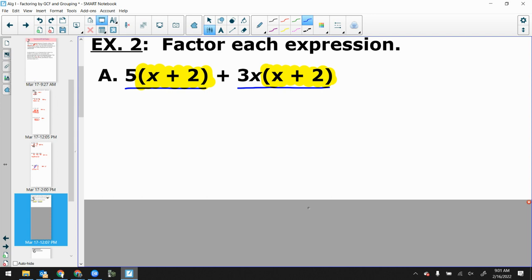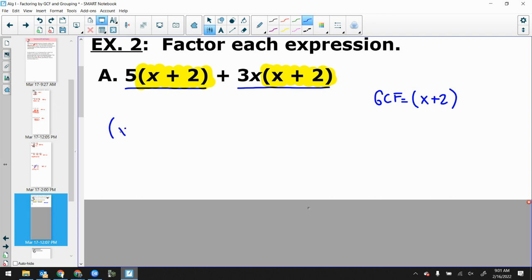That binomial there. So that means that the GCF of this thing is actually the full x plus 2. That whole piece in there is an x plus 2. That's my GCF. So what do we do with the GCF?